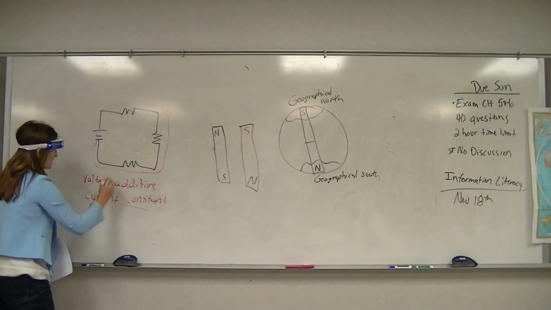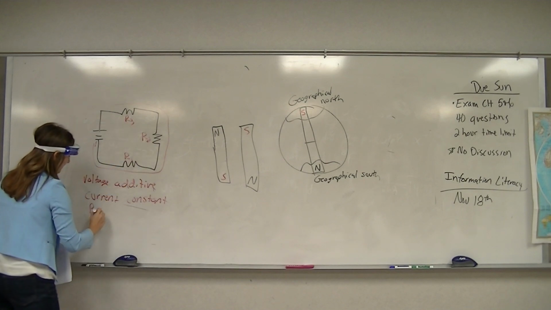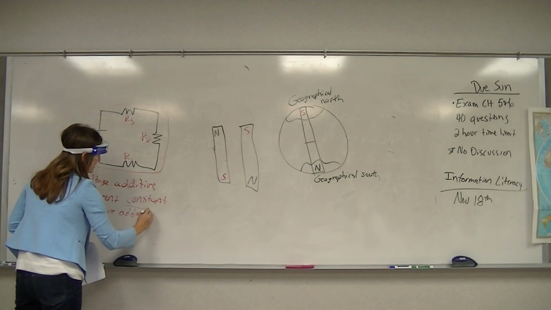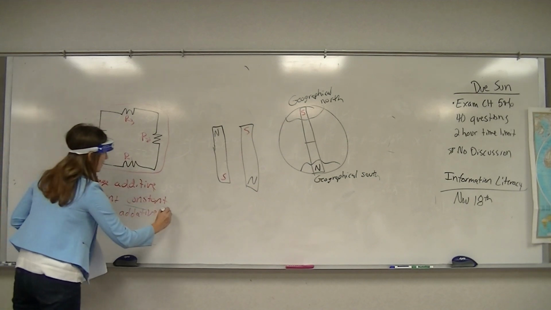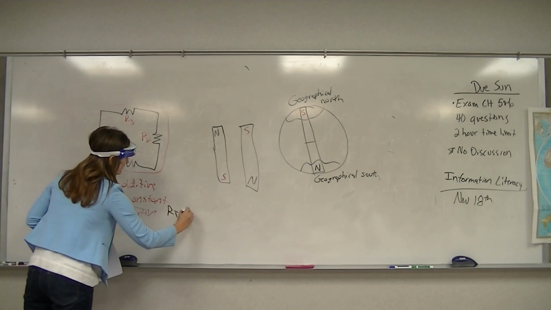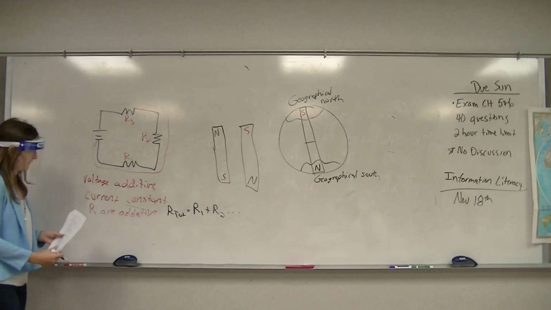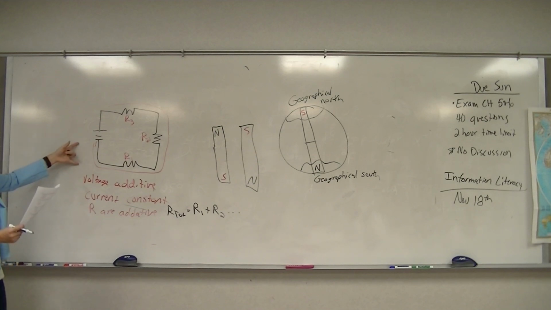And the resistors, these R's, are additive as well. We see that with our R total equation. We take R1 plus R2, dot, dot, dot. So these are the important characteristics to know with a series circuit.